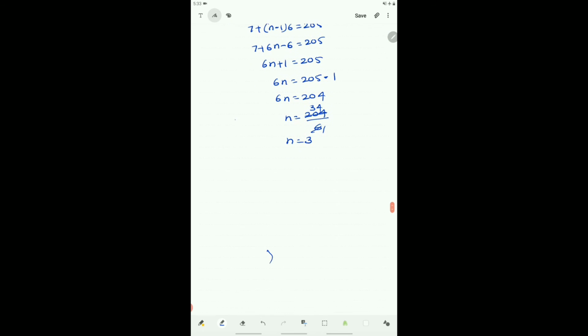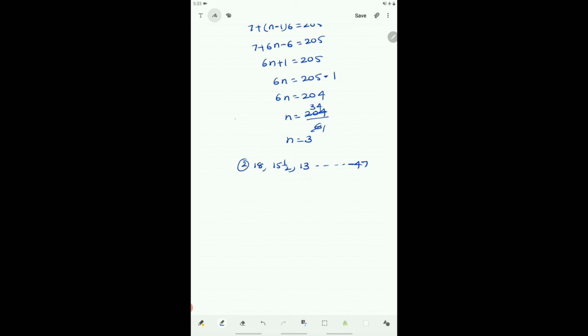Then take the second one. The second AP is 18, 15 1 by 2, 13, and so on, up to minus 47.